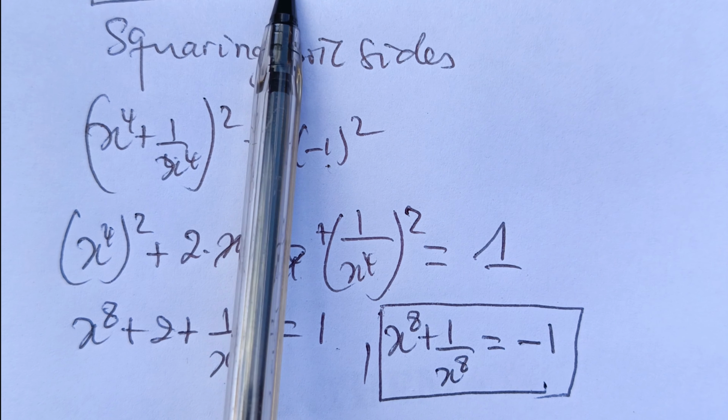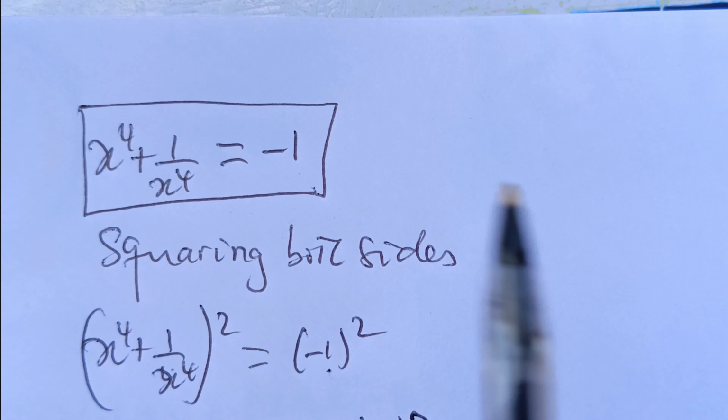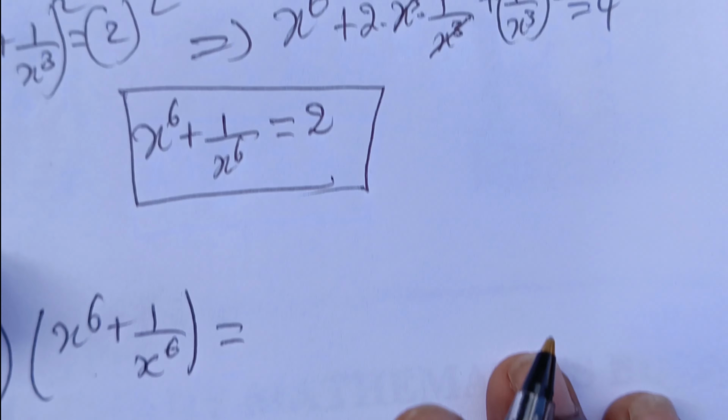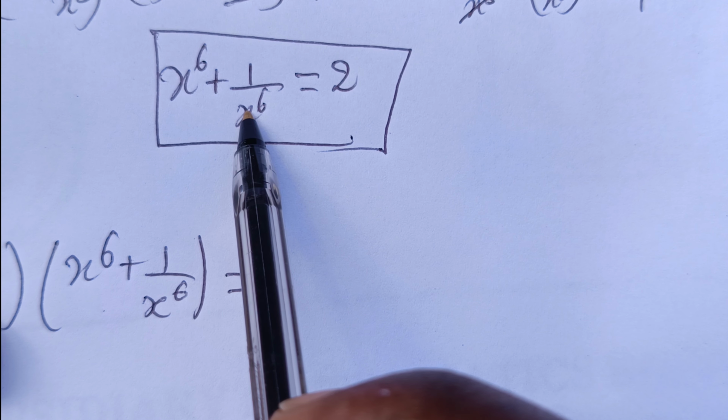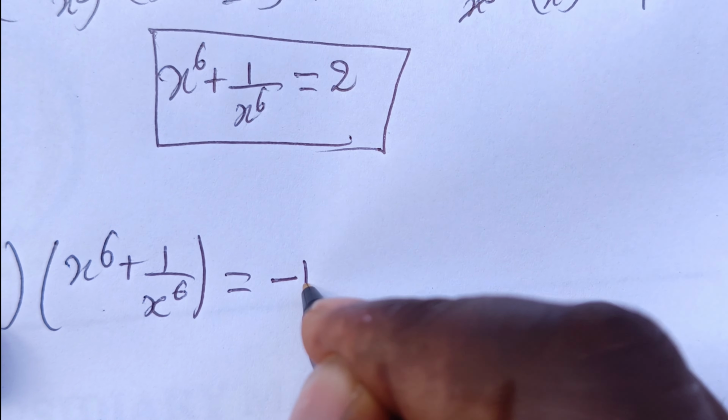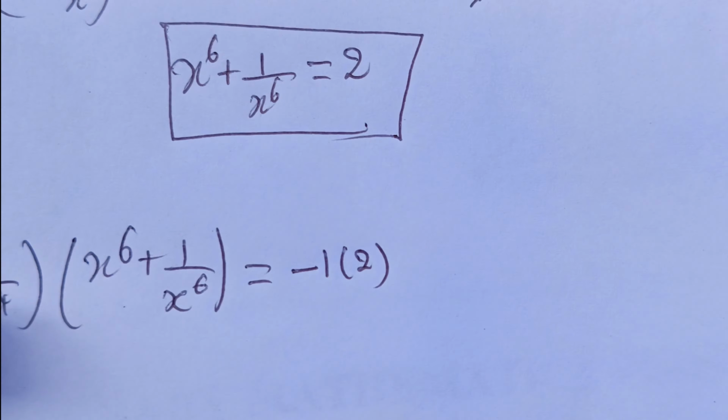You remember, x^4 plus its reciprocal is minus 1 and x^6 plus its reciprocal is 2. We have minus 1 times 2.